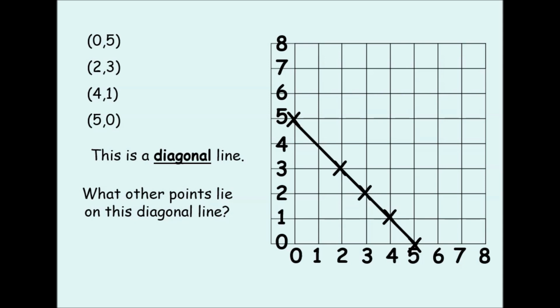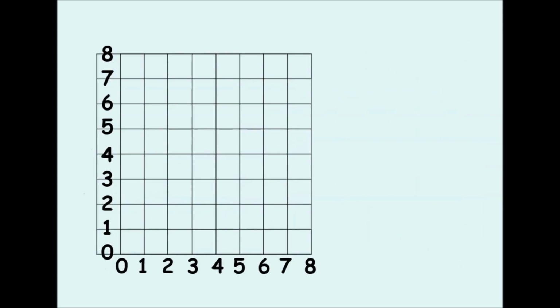So here we have the point 3, 2. And if you look very carefully, you'll see it lies directly on that diagonal line. Here's another one. What's that point? Yep, it is 1, 4. And that once again lies on that diagonal line. Okay, let's move on.